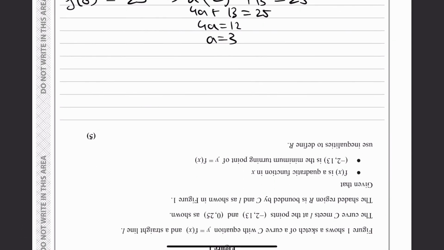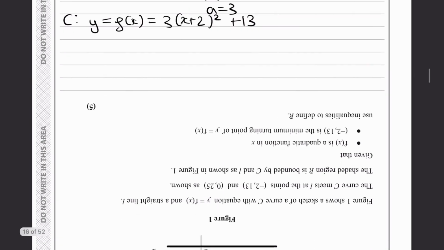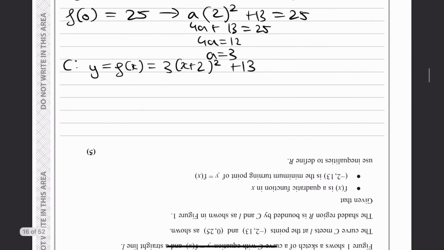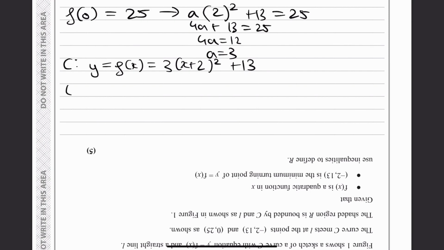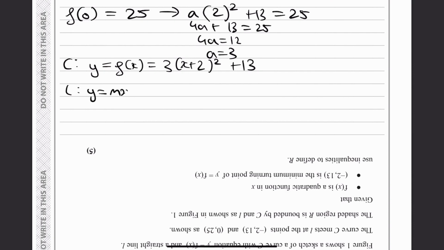Okay, so we've got our quadratic, although I don't think that really helps. So we've got curve C, y equals f of x, which is equal to 3 times (x plus 2) squared plus 13. And we've also got the line L, so I guess it wants us to work out what L is. That shouldn't be too difficult because it's just a line. So we've got y equals mx plus c, and we can just work out m by doing changes.